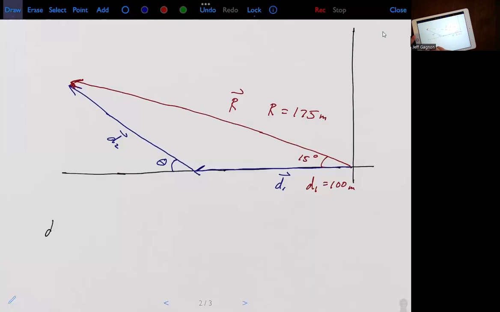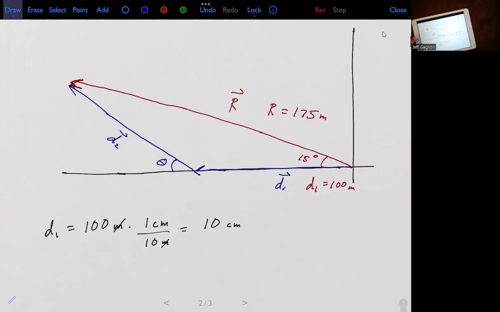So D1, if this is 100 meters, and I know that 1 centimeter is going to equal 10 meters. So if you worked it out, right, meters cancel, looks like we're going to get 10. So I need to draw that one, D1, 10 centimeters long. That's the one that's like due west.